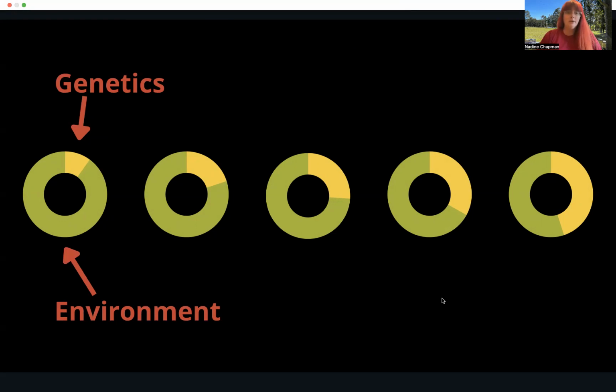On the left, it would be hard to select for that trait because there's only a small effect of genetics, whereas on the right, there's a strong effect of genetics, so it would be much easier to select for that trait. Instead, you could think about this as the same trait measured in 5 different populations. In some of the populations, it would be difficult to select for that trait, whereas in other populations, it would be easier to select for that trait.